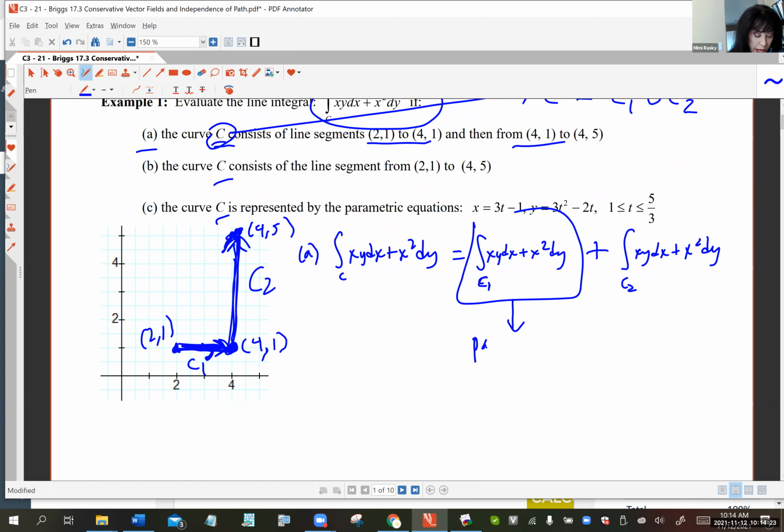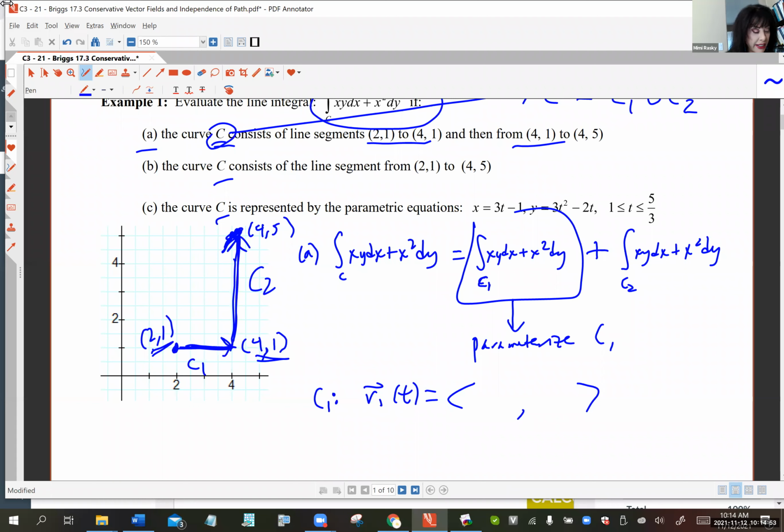Okay, so first up, we need to parameterize C1, which is really easy because it's just a straight line. So C1 will use the vector valued function R1 of t, and it's a 2D curve, so it's a 2D vector valued function. On this curve, we start at the point (2, 1), and we finish at the point (4, 1).